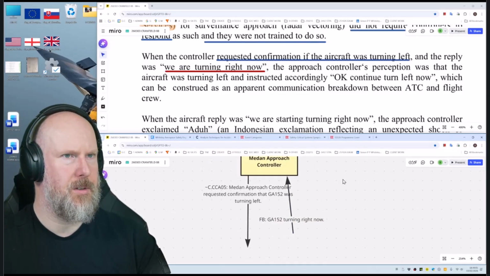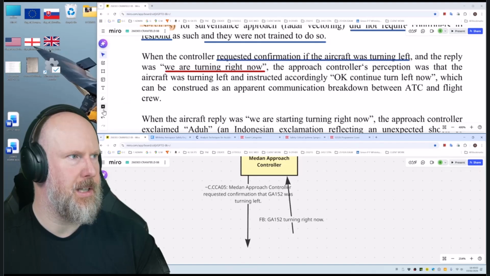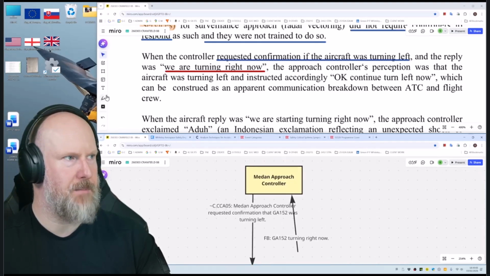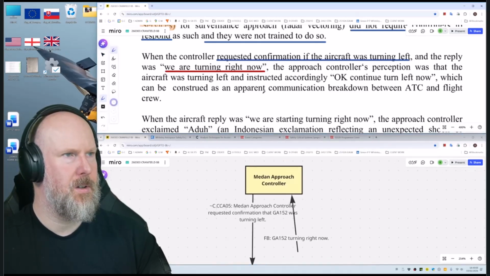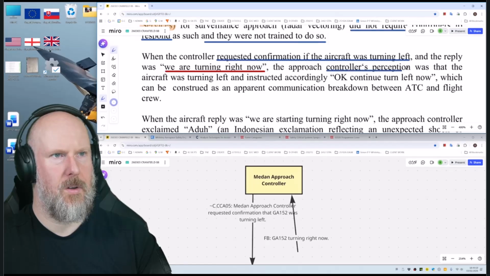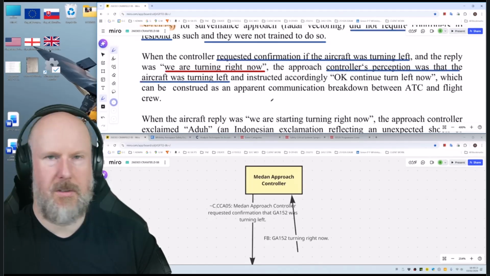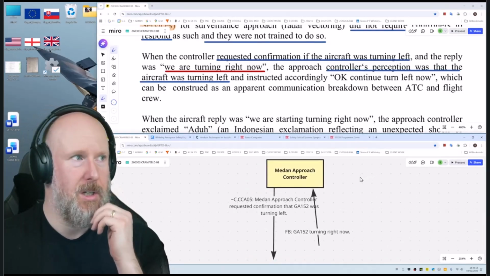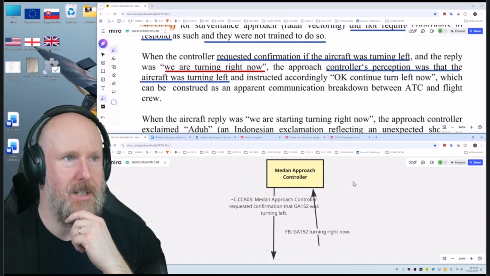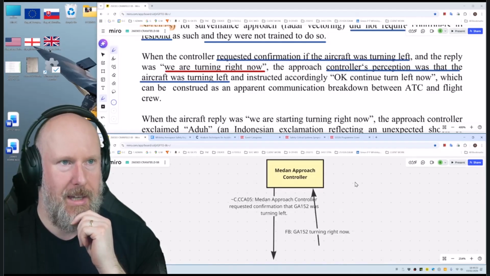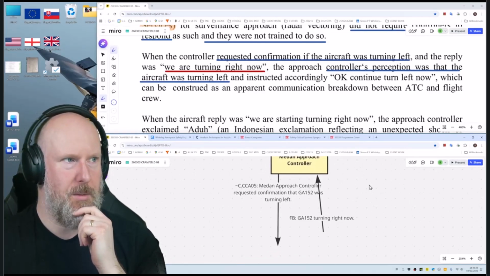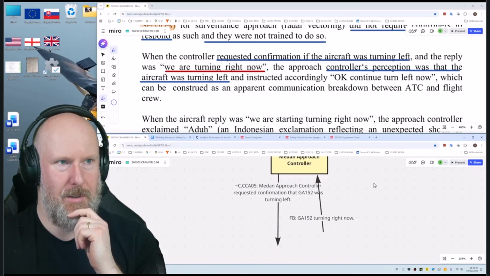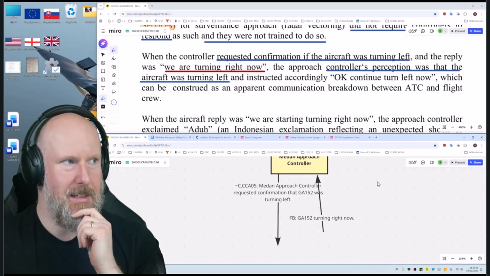The approach controller's perception was that the aircraft was turning left. So when we say perception, we're thinking about the mental model of that controller, that person. The approach control's mental model was that the aircraft was turning left and instructed accordingly: okay, continue left now, which can be construed as an apparent communication breakdown between ATC and flight crew.